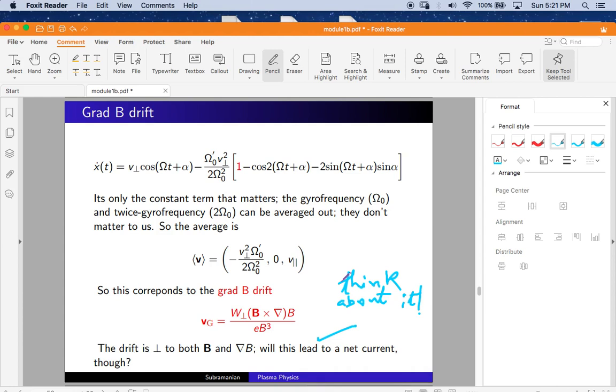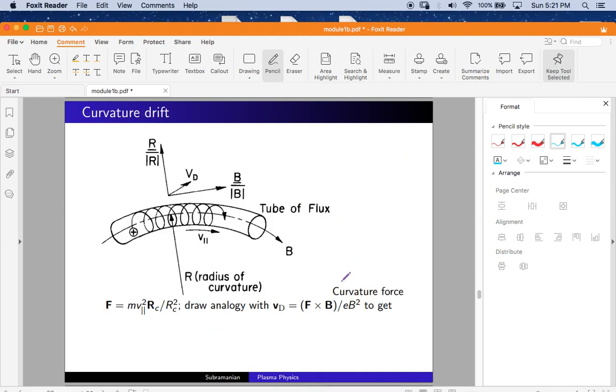It's important to know whether such currents can be spontaneously produced, and therefore is the plasma going to jiggle and wiggle as a result of this. This is the practical reason we worry so much about whether there will be a net current. Right.